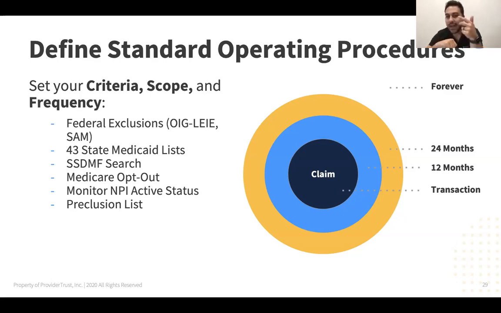Criteria, scope, and frequency. And that really just means criteria is based on what do you need to know to build the eligibility rules around your non-pars. What is the scope? For every claim that comes in from a unique non-par provider, how long do they stay in your network for, right?